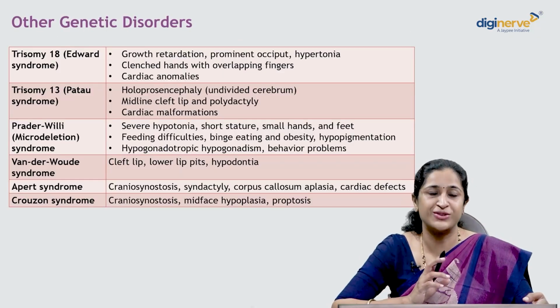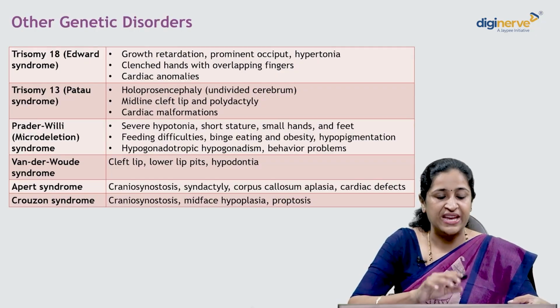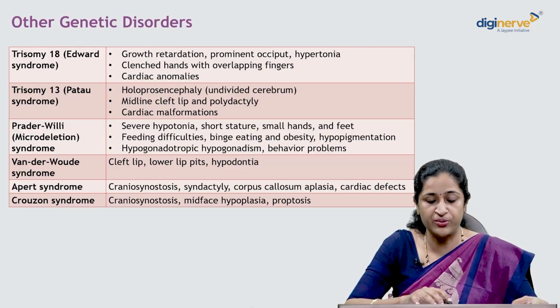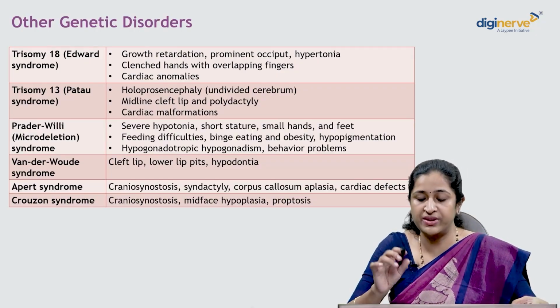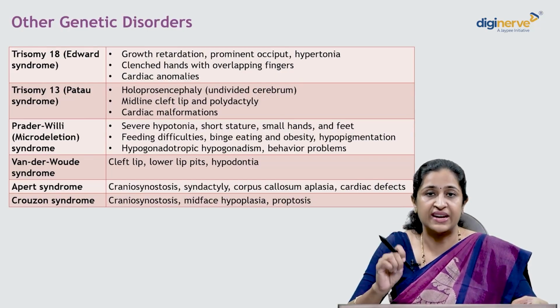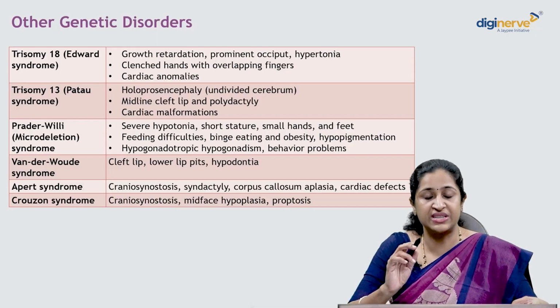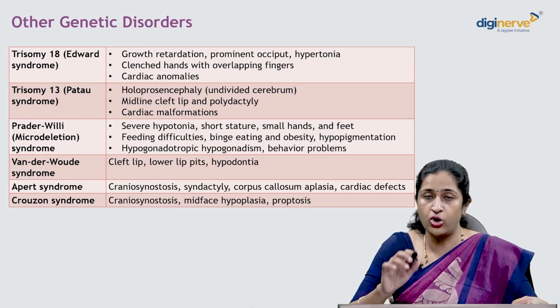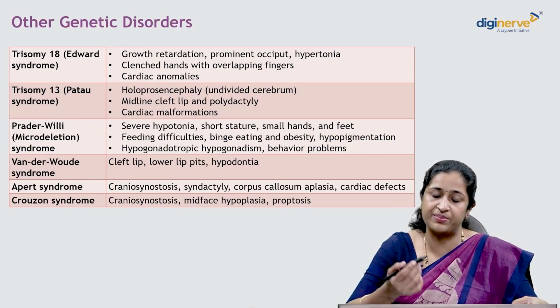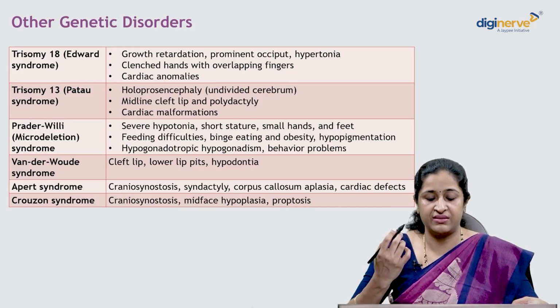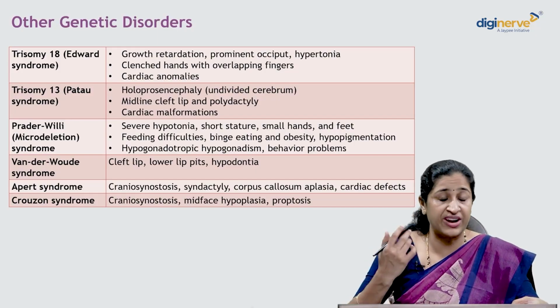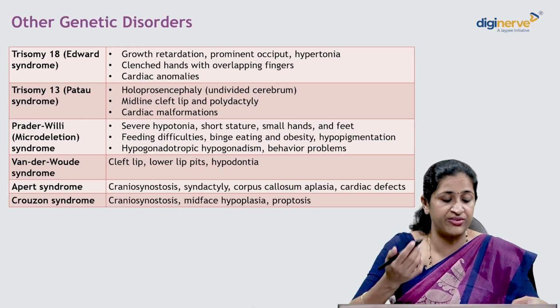The other genetic disorders we'll be going through are Trisomy 18 or Edwards syndrome. This has growth retardation, prominent occiput, hypertonia, clenched hand with overlapping fingers, with cardiac anomalies. Trisomy 13 or Patau syndrome: holoprosencephaly, midline cleft lip, polydactyly, cardiac malformations. You have Cri-du-Chat syndrome, chromosome 5.